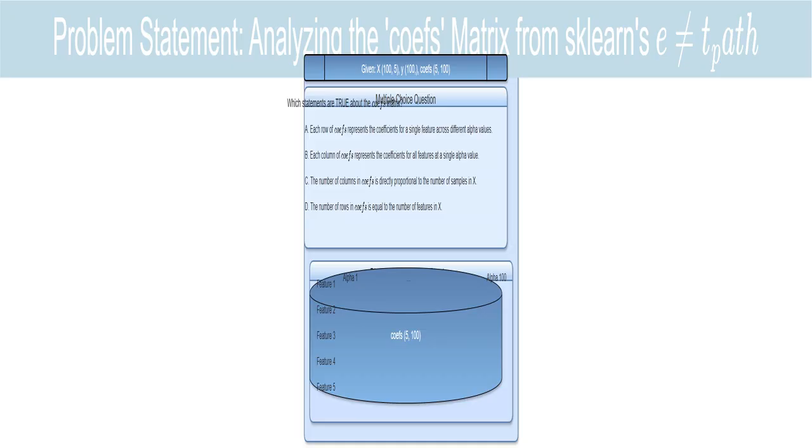I'm presented with a problem focused on understanding the structure of the coefficients matrix, COFs, returned by scikit-learn's enet_path function, which calculates the elastic net regularization path. The COFs matrix holds the coefficients for different regularization parameters, alphas. I have the dimensions of the design matrix, X, the target vector, Y, and the COFs matrix. My task is to determine which statements about the structure of COFs are true.